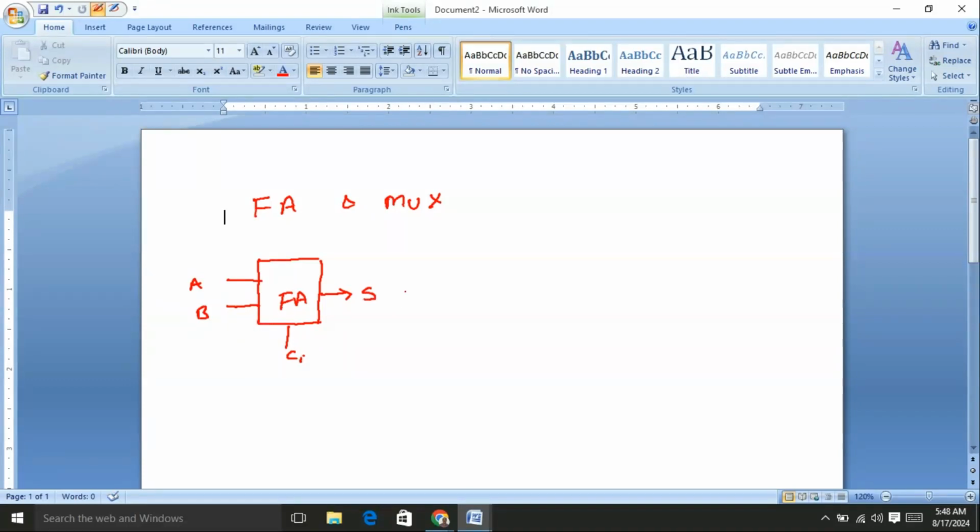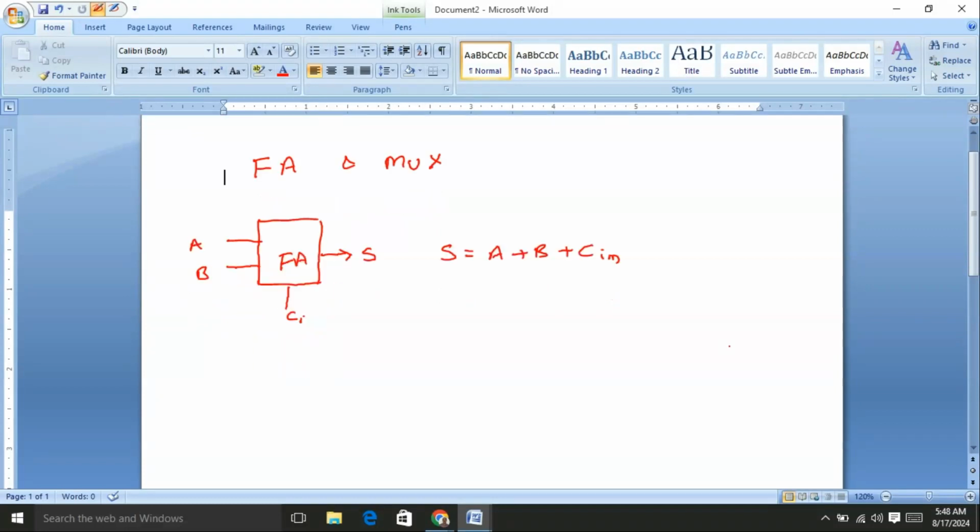So S equals A plus B plus C in, that means carry in. So the full adder is a combinational circuit which is able to perform addition of three binary bits.